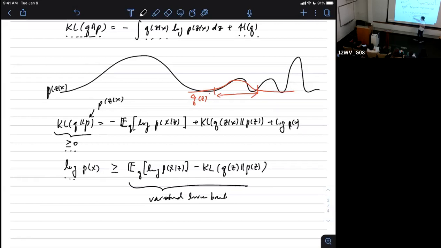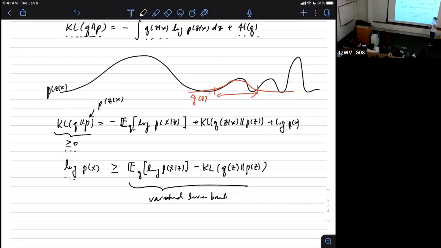This is a really interesting idea in optimization in general: if you have a quantity that you don't know how to compute efficiently, but that you need to maximize, what do you do? You find a lower bound to the quantity that is more efficient to compute and is extremely tight.